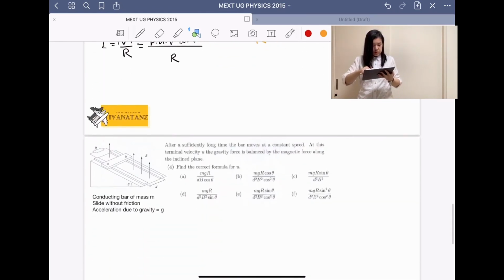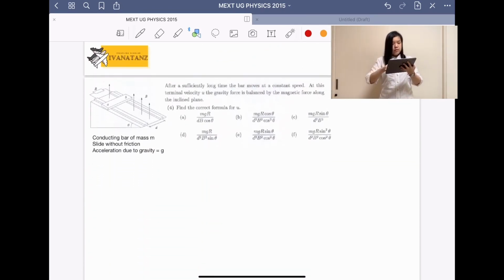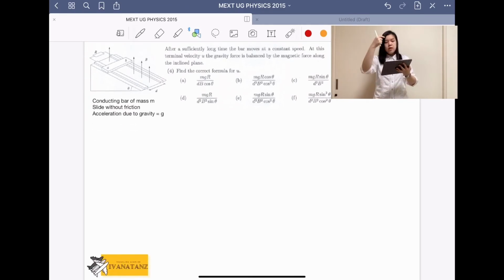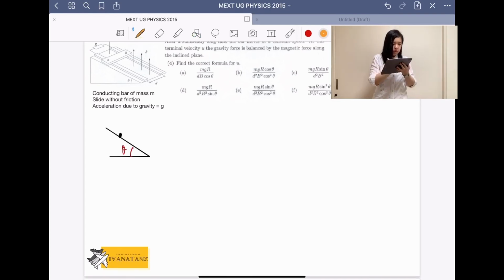Now, next to part 4. After a sufficiently long time, the bar moves at constant speed. At this terminal velocity u, the gravity force is balanced by the magnetic force along the inclined plane. And we have found the magnetic force along the inclined plane.